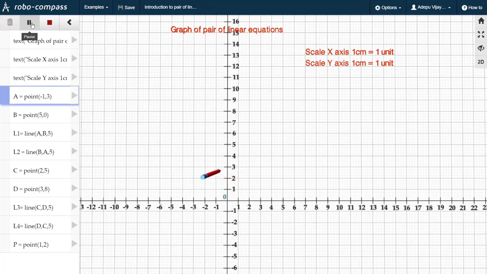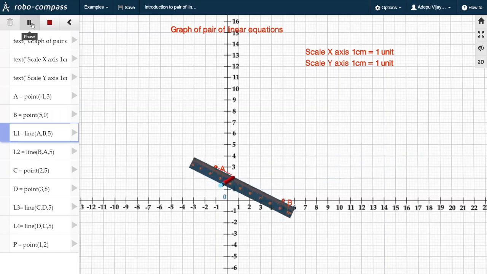Now I am going to plot the points A and B of the first equation: minus 1, 3 as A and 5, 0 as B. Now we join the points AB and we extend it on both the sides.